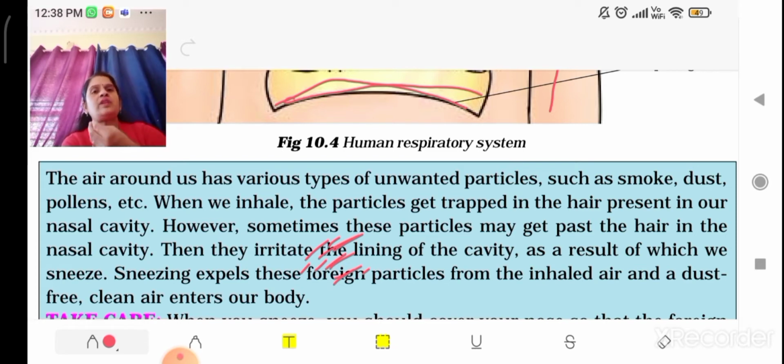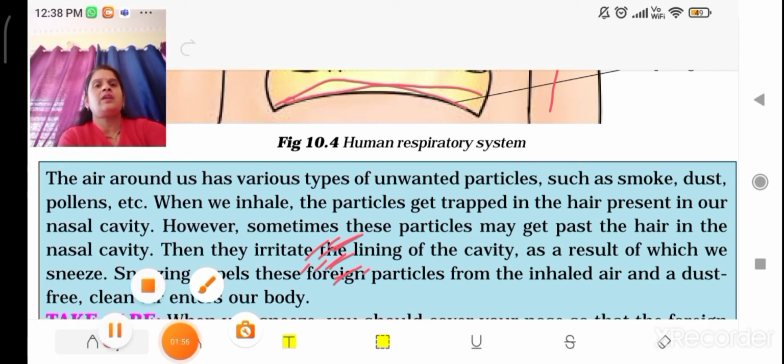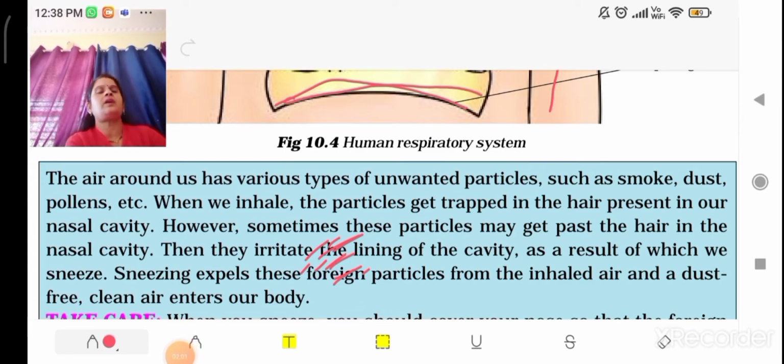Those hairs filter the air, because when we inhale, the air contains smoke and dust particles which should not enter our lungs, otherwise they will be damaged or there may be infections. So, to protect from dust particles and some microorganisms, these hairs work as a filtering unit and help to filter the air before it enters the lungs.